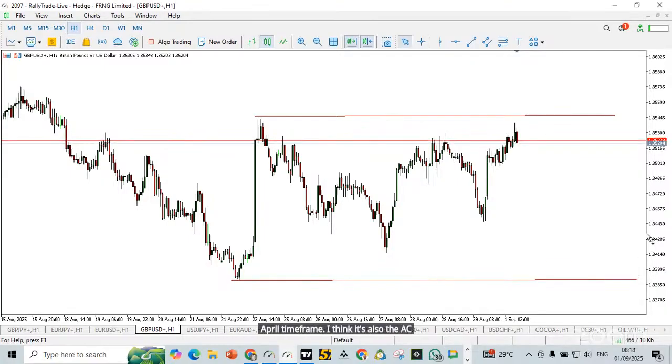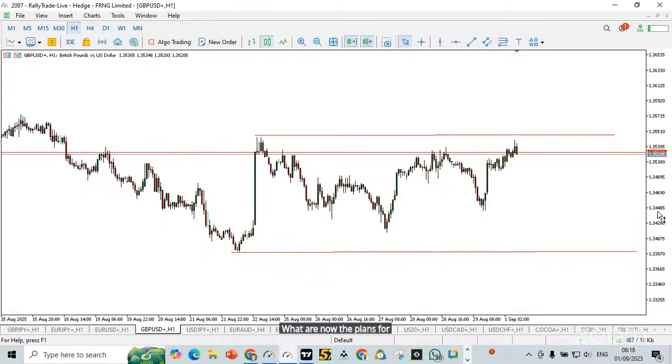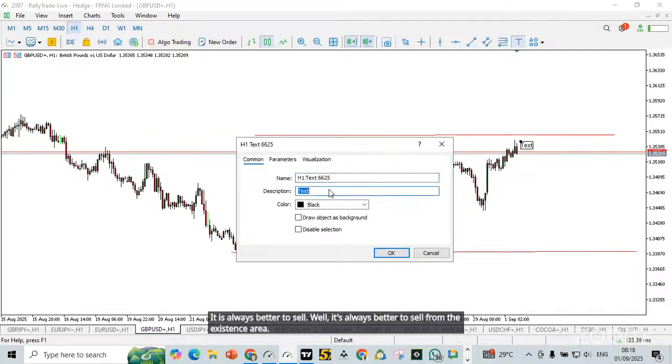So what are now the plans for me to buy or sell? First off, when we see a wide consolidation like this, it is always better to sell at the top. It's always better to sell from the resistance area.